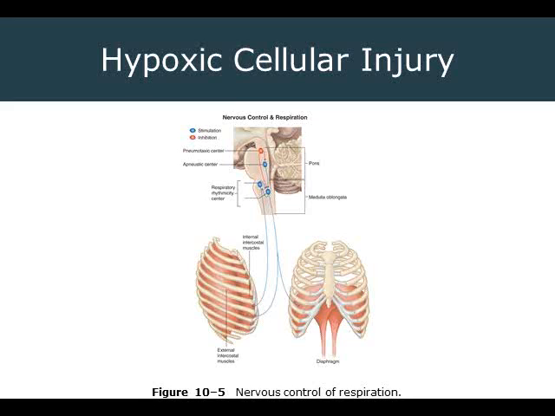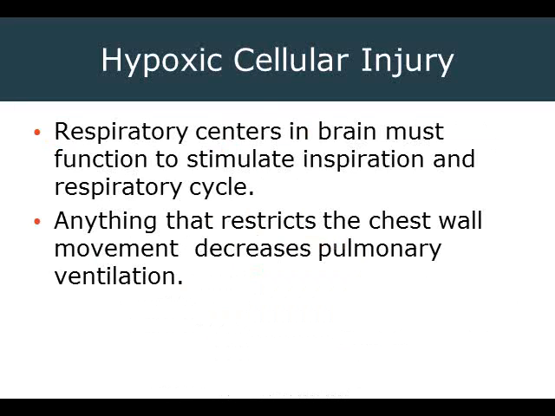I guess malfunction works too. That would destroy or at least knock out the normal respiratory patterns and drives. So those respiratory centers in the brain function to stimulate the inspiratory cycle and then the expiratory cycle.